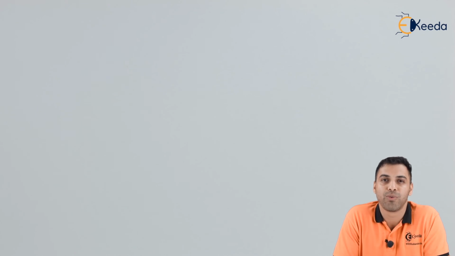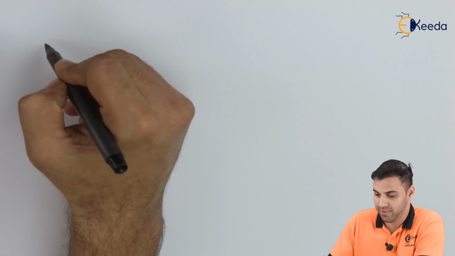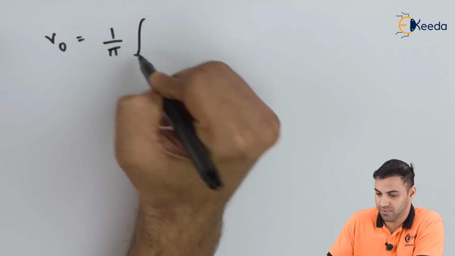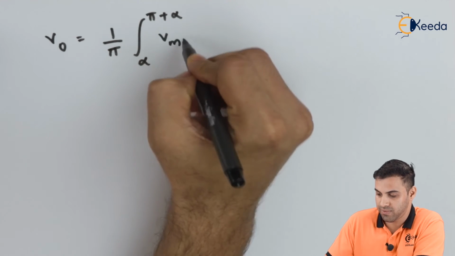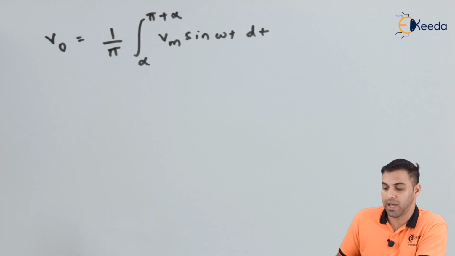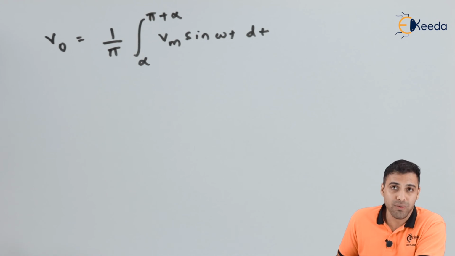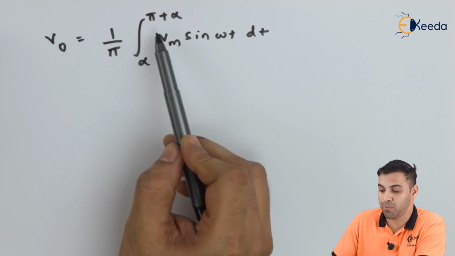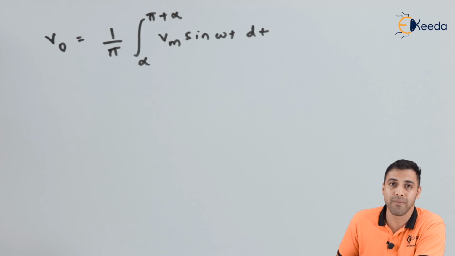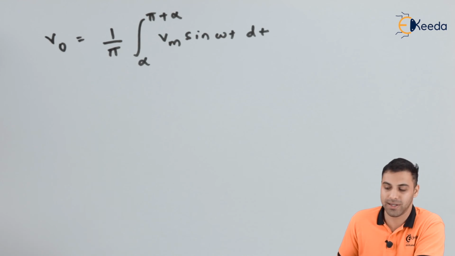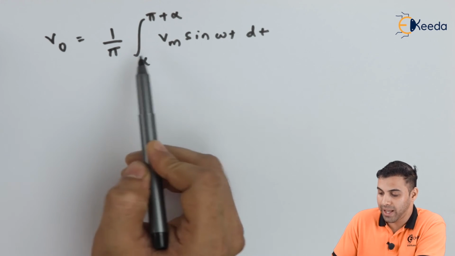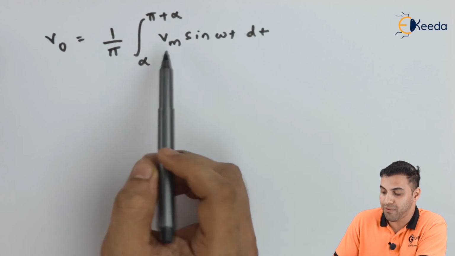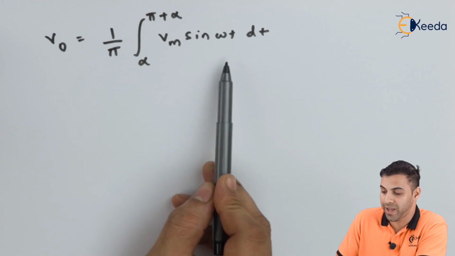So friends, let's calculate what exactly will be the value of V0, which is the output voltage. As we all saw, the output voltage appears across the load during the time alpha to pi plus alpha, because this is the only time when the thyristor conducts. So I can say 1 by pi, the integral with limits alpha to pi plus alpha, Vm sine omega t dt.